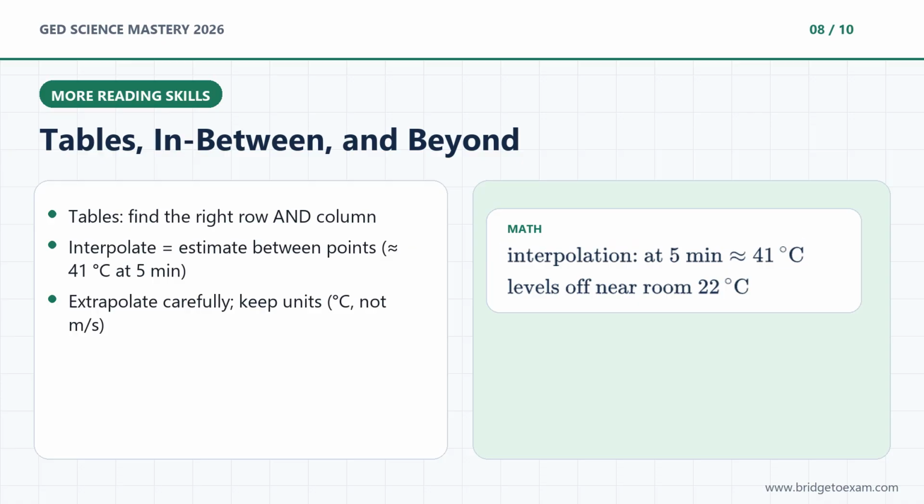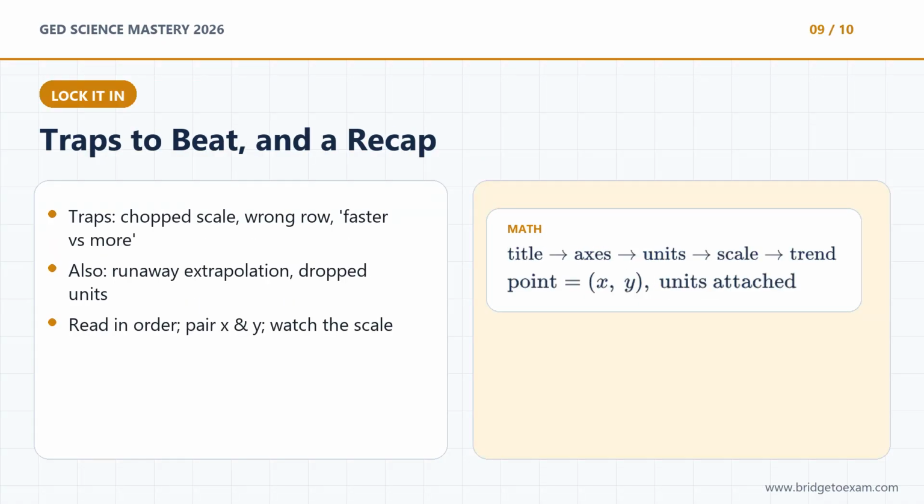Guessing beyond your data is called extrapolation, and you do it carefully because the pattern may not continue. Our water will not cool below the room's 22 degrees. It levels off. And always, always keep your units. If an answer says the water cooled 54 meters per second, reject it because cooling is measured in degrees, not speed. Let's lock in the traps the GED loves here.